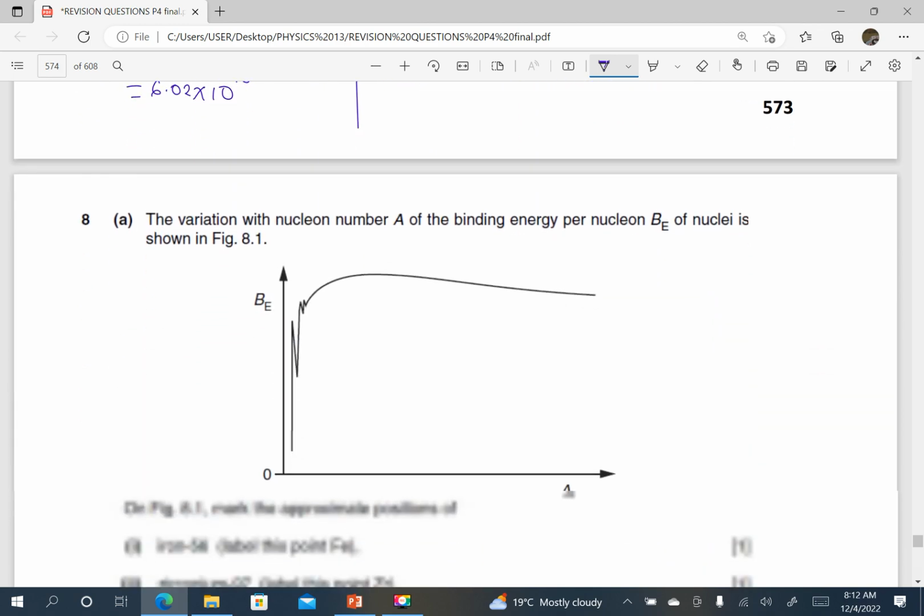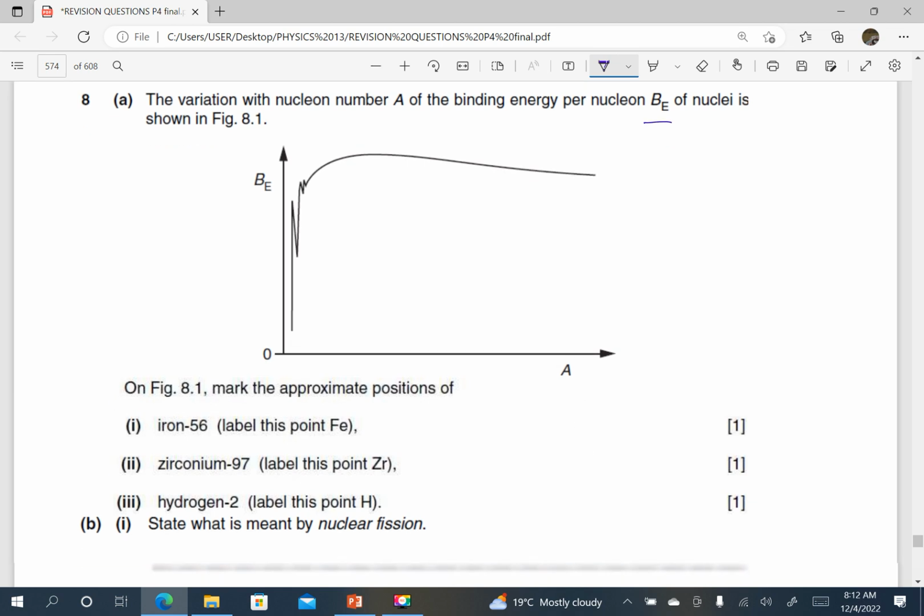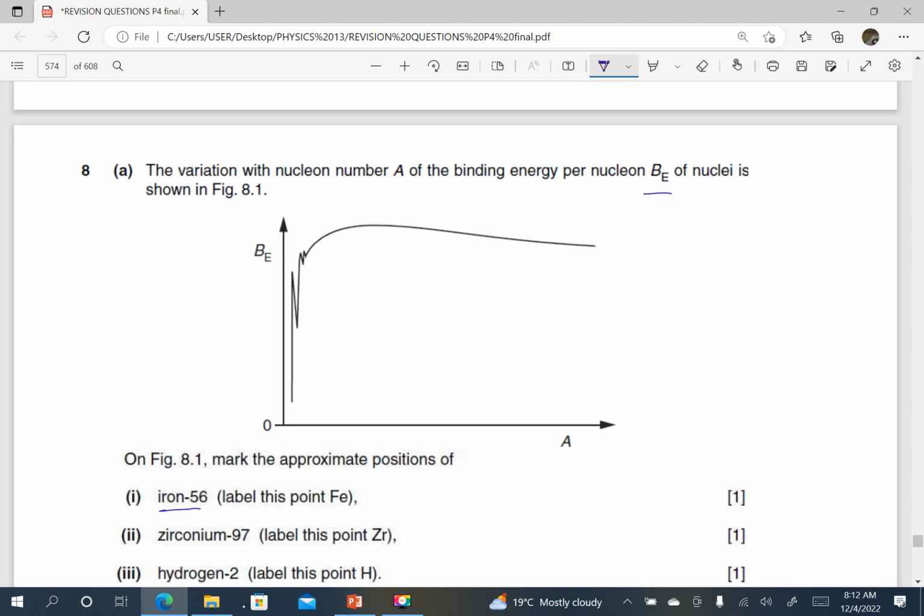The variation with the nucleon number A of the binding energy per nucleon BE of nuclei is shown here. On the figure, mark with crosses the approximate positions of iron, zirconium-97, uranium and hydrogen-2. Of course, iron is at the peak. That one has no question. So this is going to be iron, Fe, at the peak.